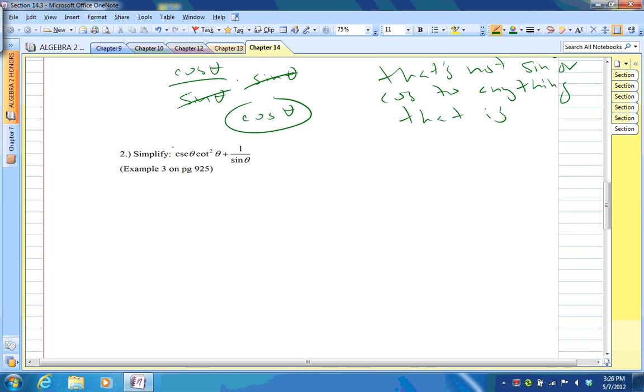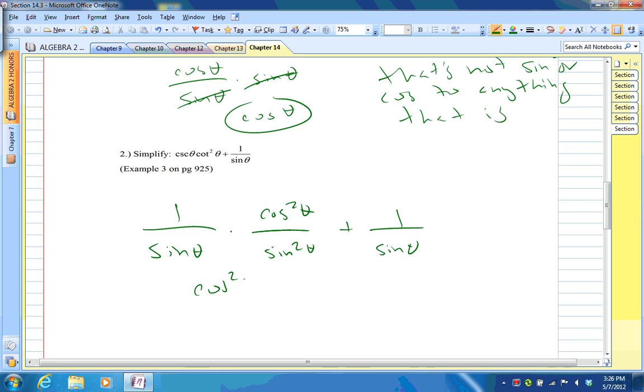Let's look at number 2. Using the same strategy, it's 1 over sine theta. Cotangent squared is, oops, my bad, cosine squared theta over sine squared theta. And you have 1 over sine theta right here. So that becomes cosine squared theta over sine cubed theta. And then if you see an opportunity to combine fractions, you probably want to do that.